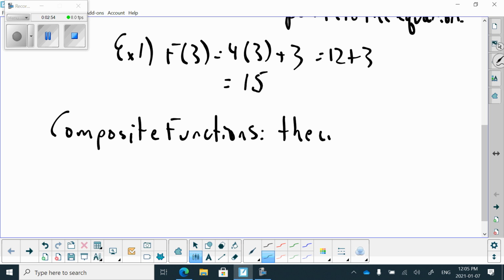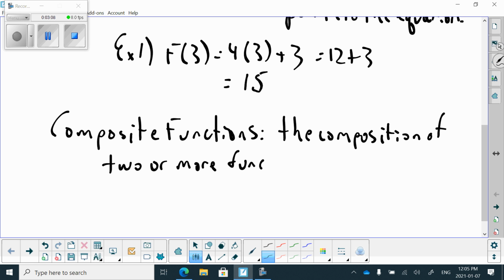In bigger words, it's a composition of 2 or more functions. And the classic of that is our f of g of x.